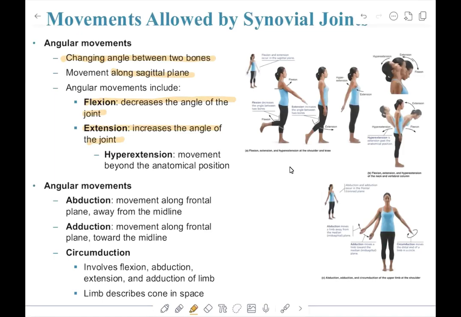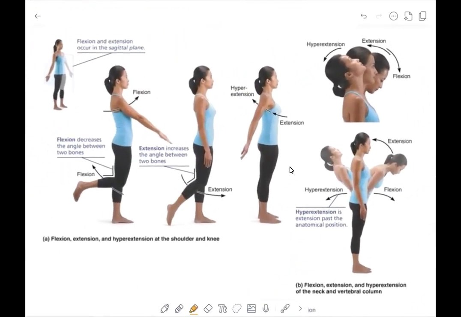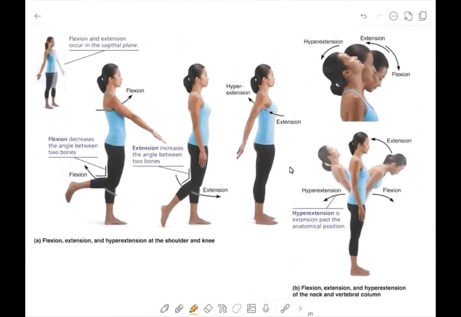So if we zoom in here, if you think of holding out your arm, for example, as like an anatomical position. In this case, she is raising her arm from anatomical position and raising it up.